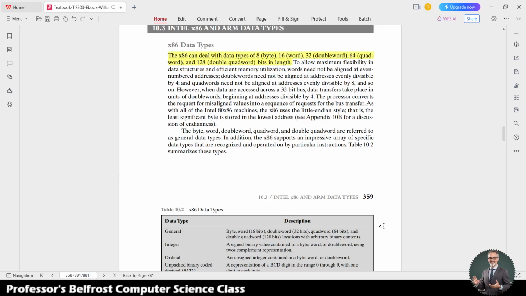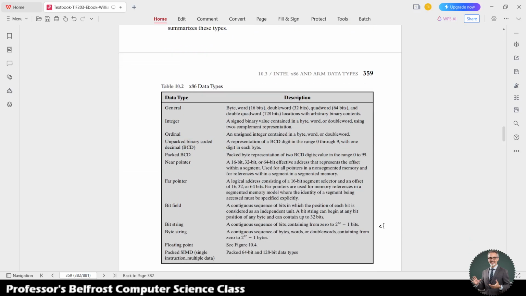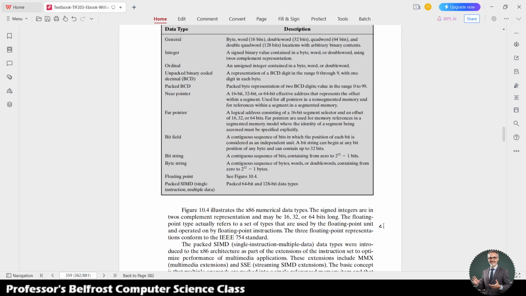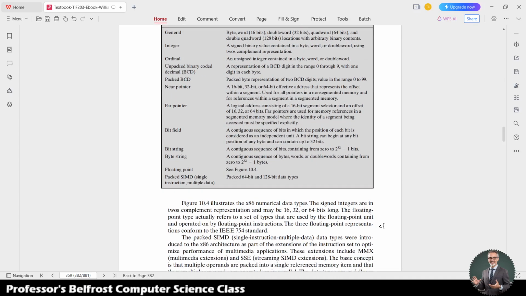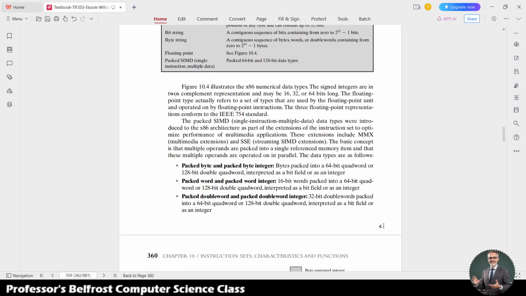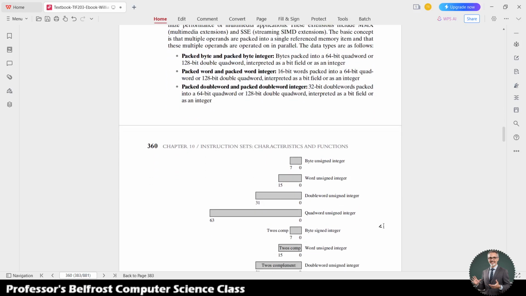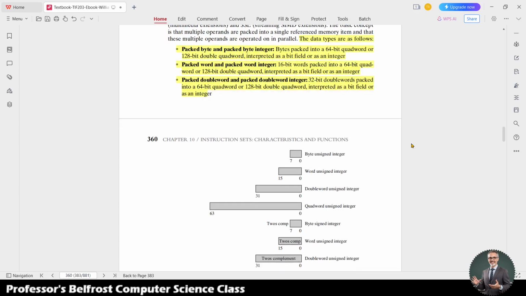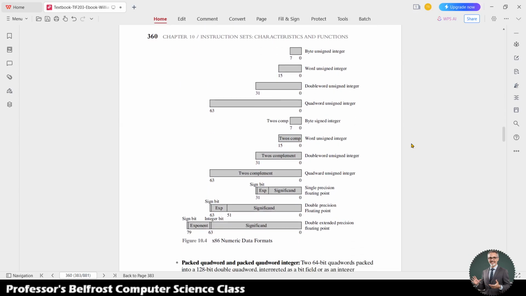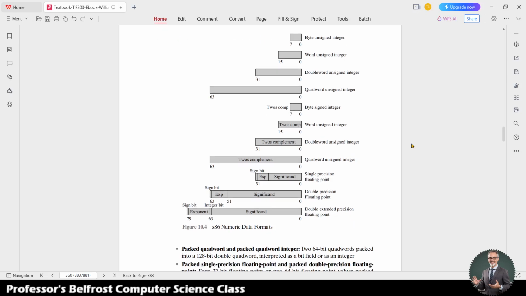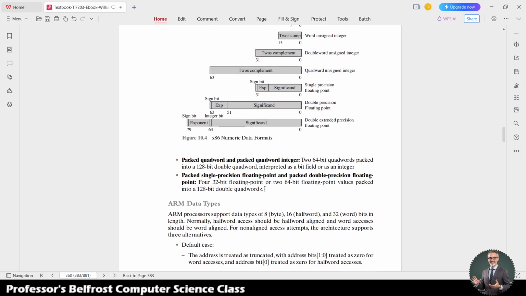And here are the data types using the x86 architecture. I want you to read it by yourself. And here's the performance. Oh, we still have the explanation.